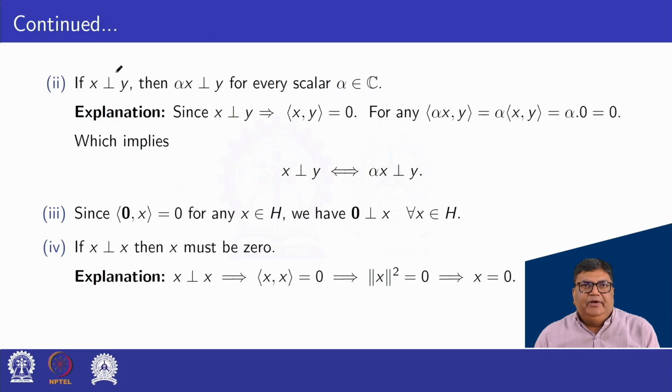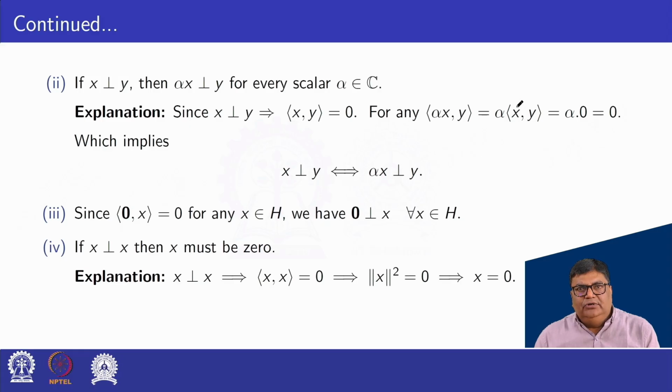Second, if x perpendicular y, then alpha x perpendicular y for every scalar alpha belonging to C. Explanation. Since x perpendicular y, the inner product of x, y is equal to 0. If we multiply this equation by any scalar, we can write alpha times the inner product of x, y, and this can be written as the inner product of alpha x, y.